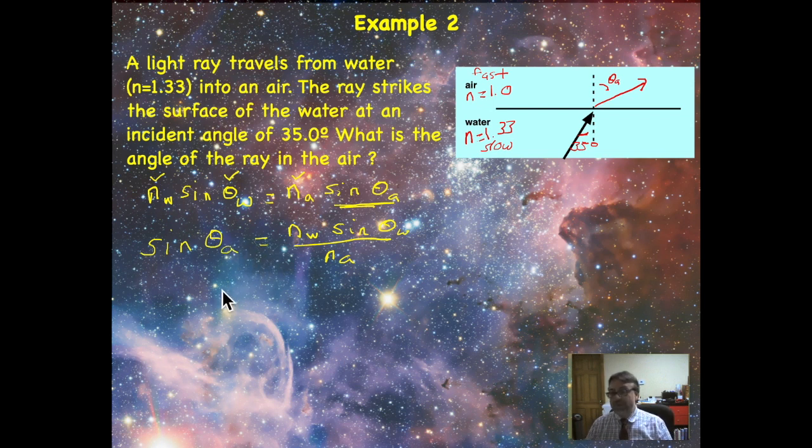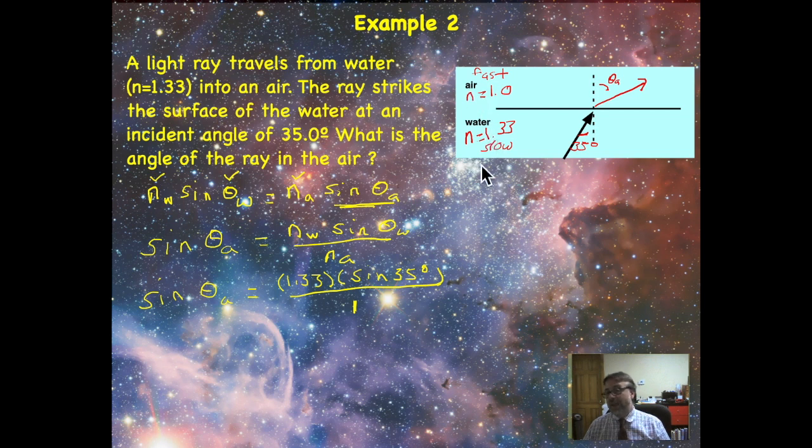I'm going to have to do an inverse trig function, but before I do it, I'm going to put the numbers in here and get what sine of the angle equals. So sine of the angle in the air is going to be equal to, well, the index of water is 1.33 times sine of 35 degrees, because that's the angle in the water. And I'm going to be dividing this by 1, because that's what the index of the air is.